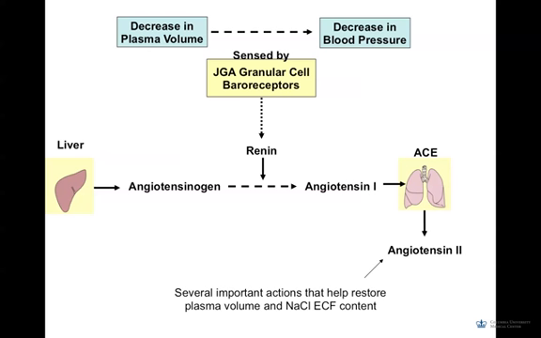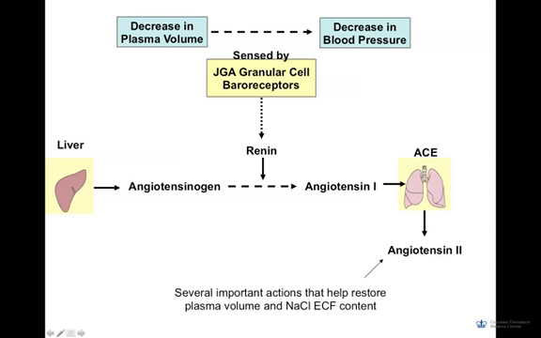So renin enters the bloodstream, and renin actually is an enzyme. It's responsible for converting a prohormone called angiotensinogen into another hormone, still a pre-hormone, called angiotensin 1. Okay?